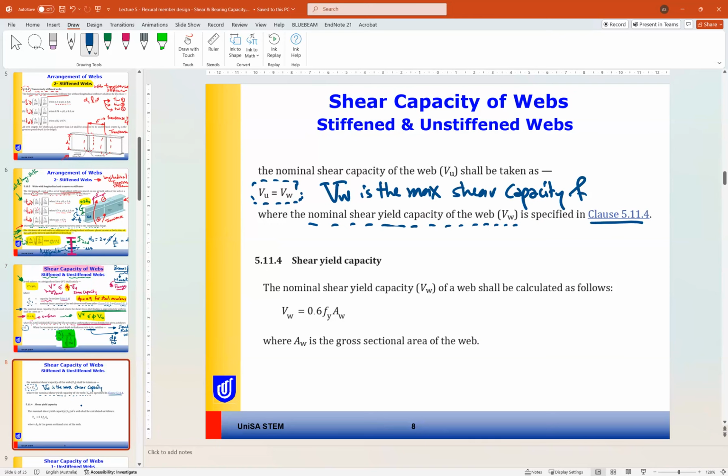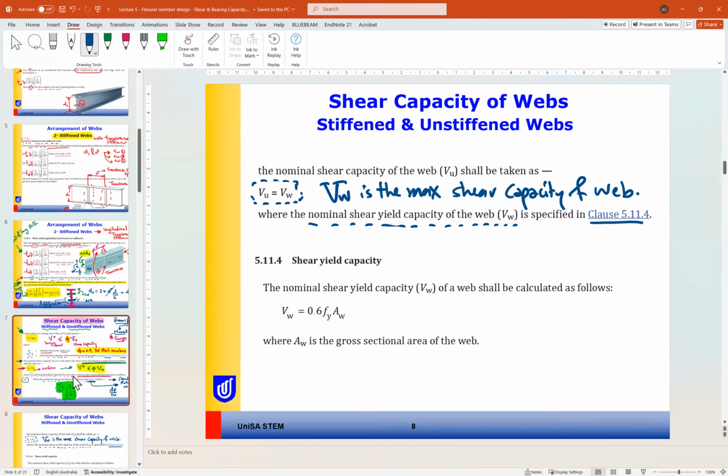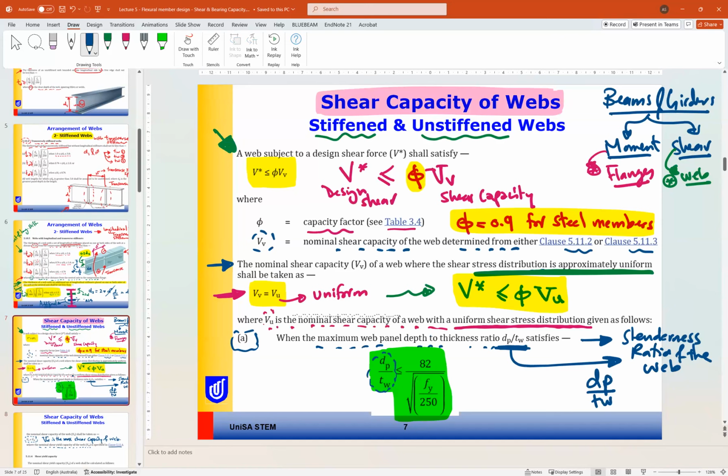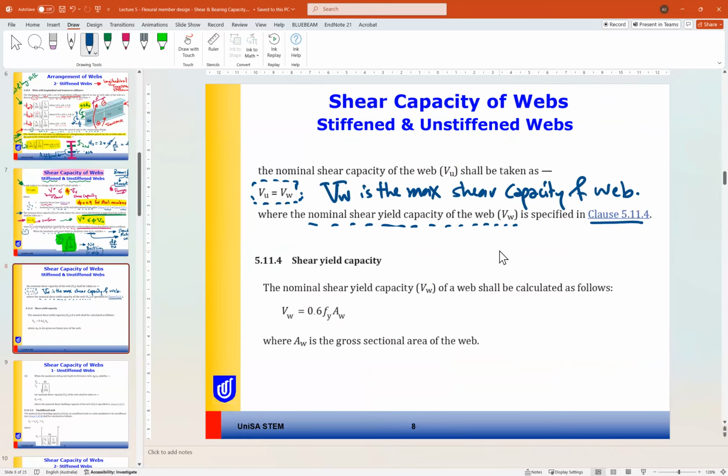capacity of the web. In different words, this means that if dB over tw is less than this value, no buckling will occur for the web. If we don't have buckling, we will reach the maximum value we could reach for the web, which is VW.